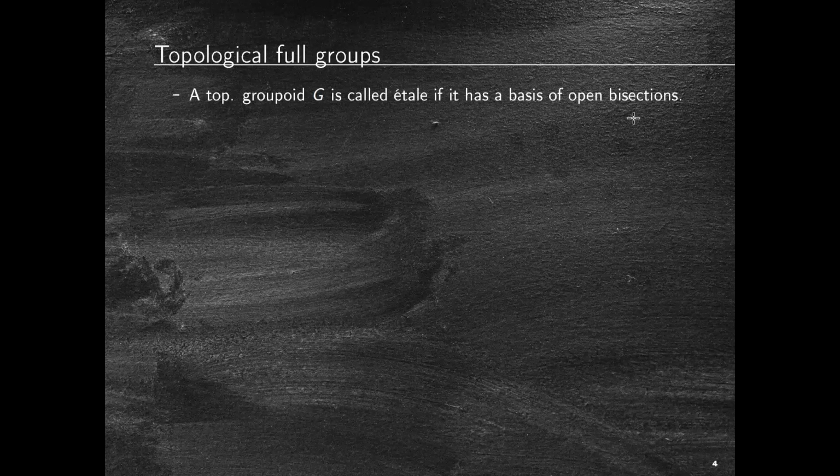A subset sigma of a groupoid G is called a bisection if both the source and the range are homeomorphisms when restricted to sigma. In other words, arrows are already determined by what their source is, or by what their range is. So we want to have a basis of such bisections which are at the same time open subsets. That's the notion of open bisections.